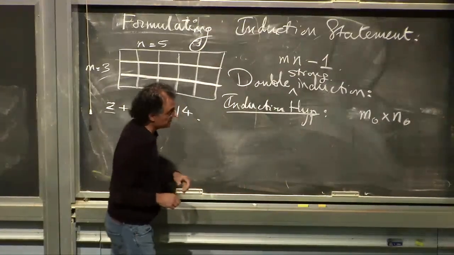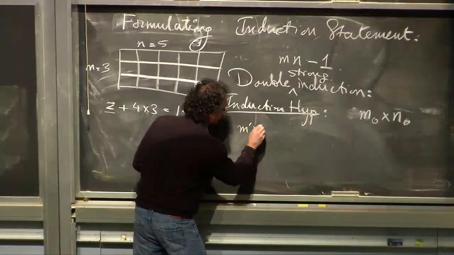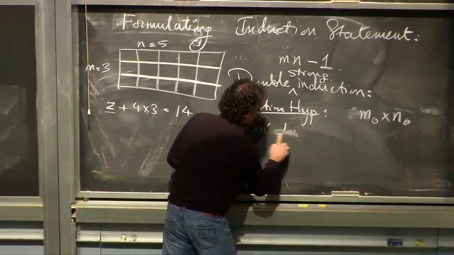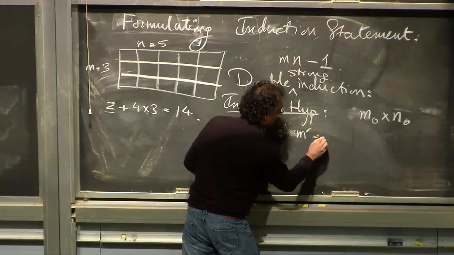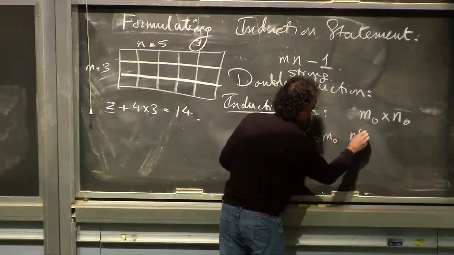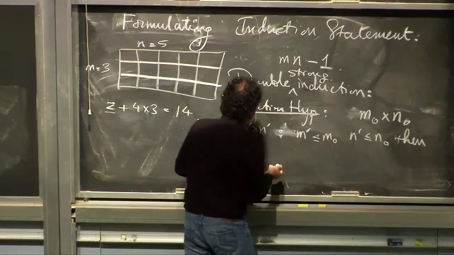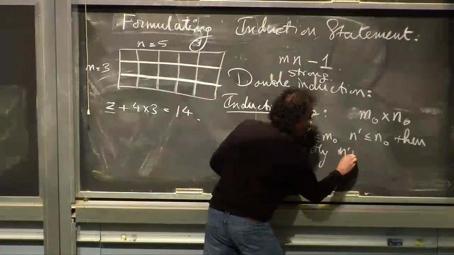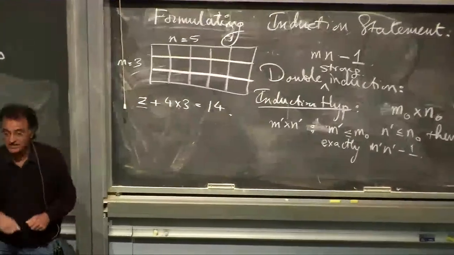So in other words, if you have an m prime by n prime chocolate bar such that m prime is less than or equal to m naught, and n prime is less than or equal to n naught, then you need exactly m prime times n prime minus 1 of these snaps to break it down.